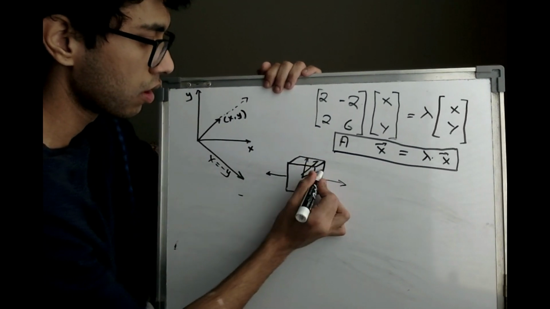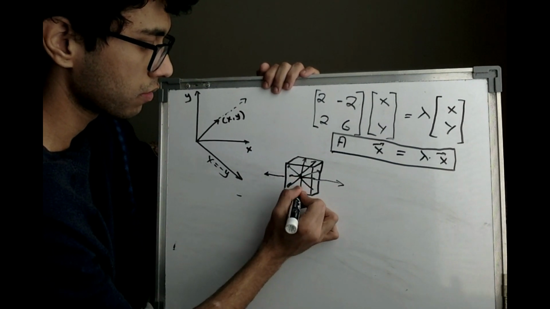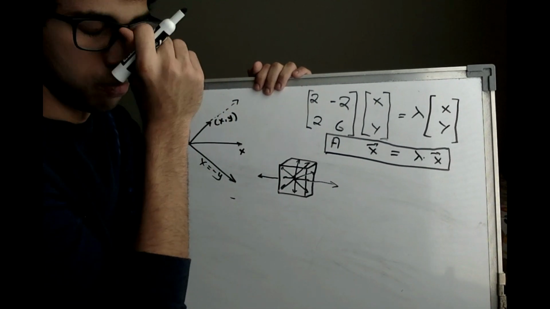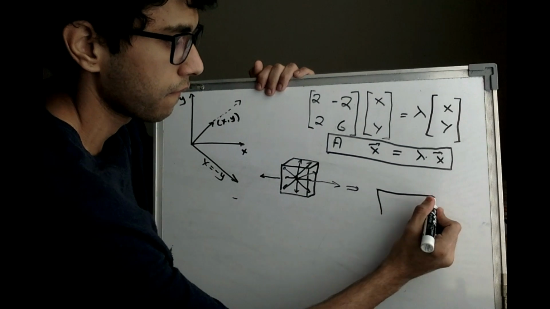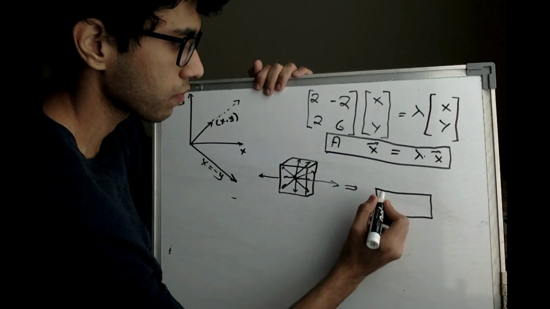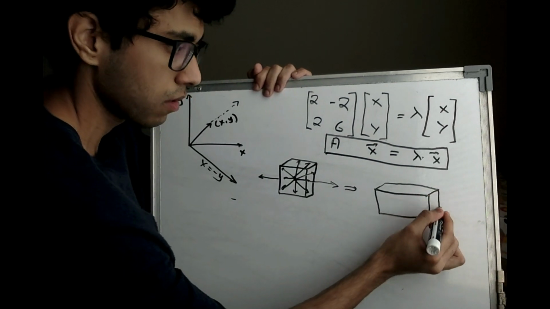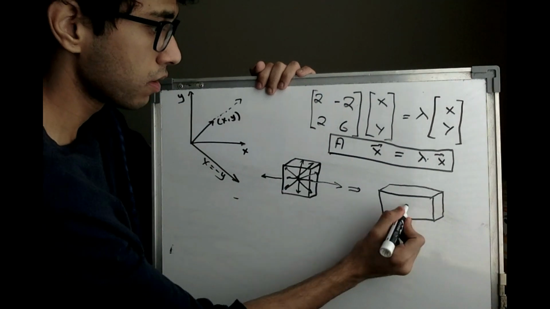So here's a vector, here's a vector, everywhere. And after stretching, the cube will get deformed, and let's say I get something like this. I'm applying force in just the horizontal direction again. So this is my deformed cube.